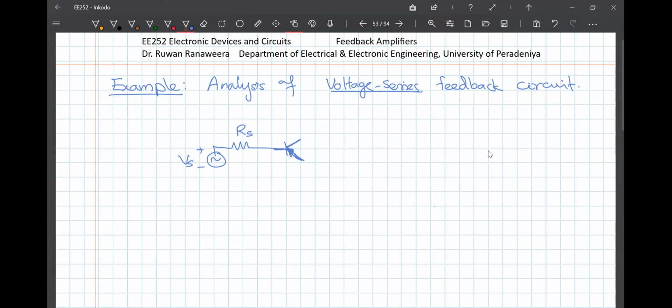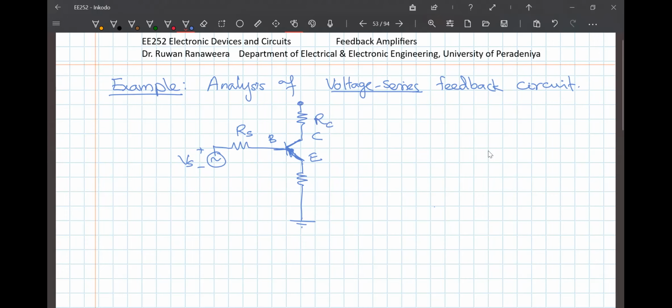This is the base, collector, emitter, and the emitter is connected to an emitter resistor and grounded. Collector is connected to a collector resistor, and this is connected to a voltage source.